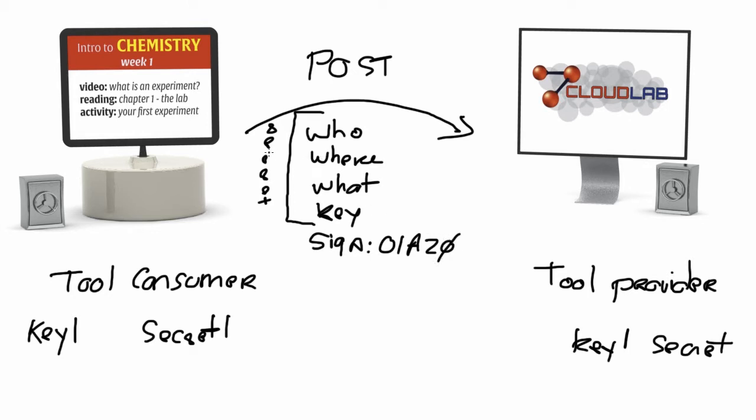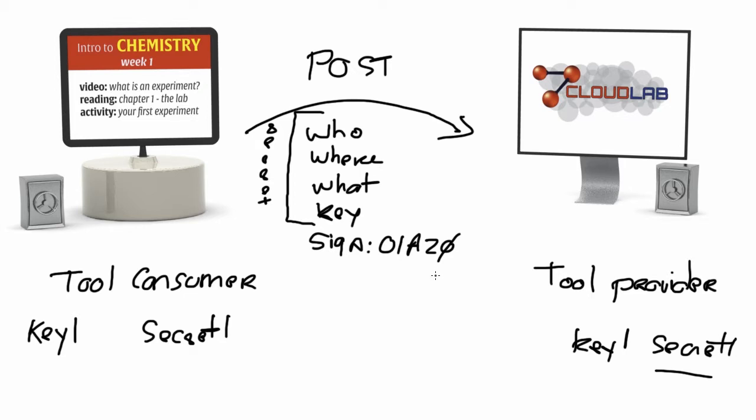The signature is then passed on to the tool provider, and the tool provider is going to use the key to find the secret. Then it's going to execute the same recipe and see if the signature matches. If the signatures do not match, it means that the secret was not right, and so it cannot be trusted.